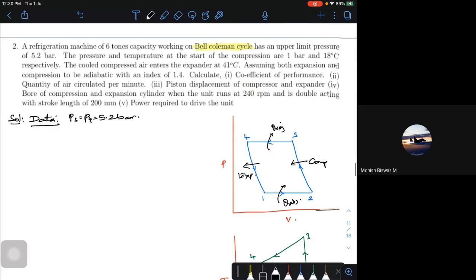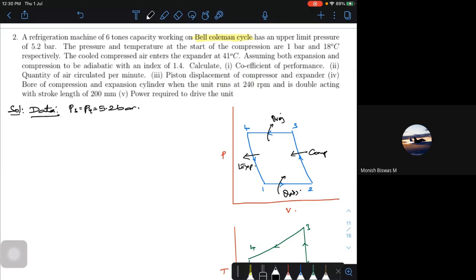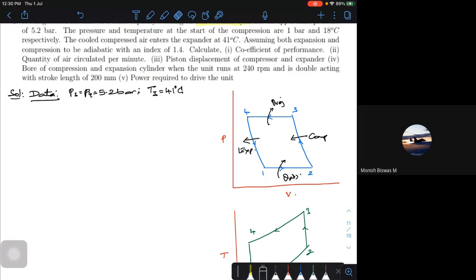Then the highest possible temperature, T3 equal to 41 degrees Celsius. The cooled compressed air enters the expander at 41 degrees Celsius. That is your highest possible temperature. Sorry, that is T4, not T3. This is your T4.